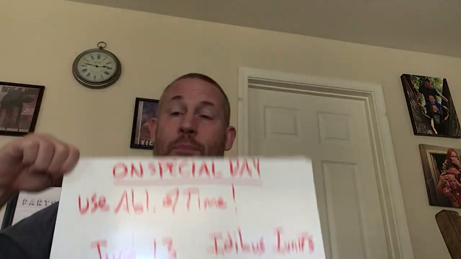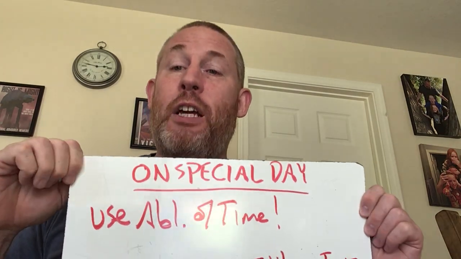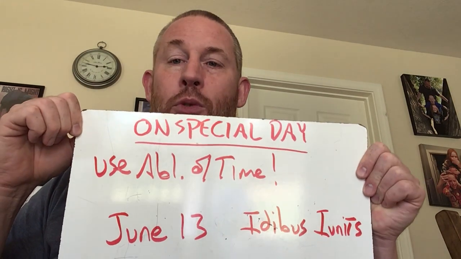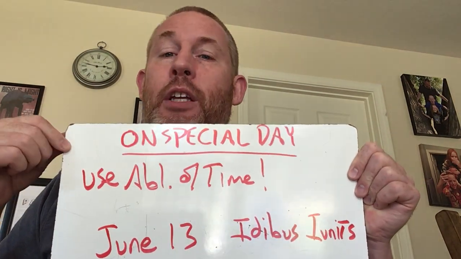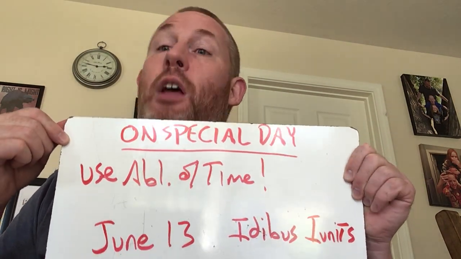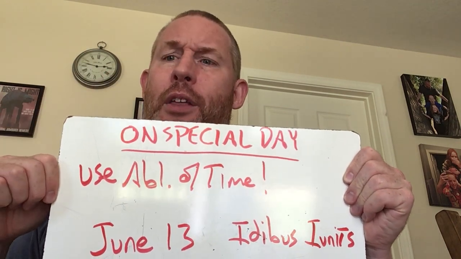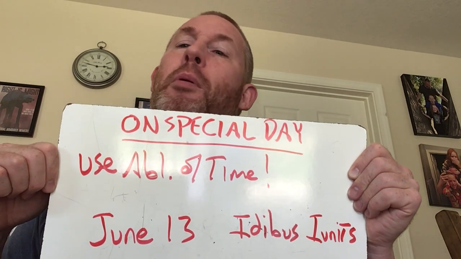So, how do we measure the days? Very simple. Let's say that you have something happen on the special day. You use the ablative of time. Very, very easy. June 13th is the Ides of June, Idibus Iuniis. So all your months are adjectival. Think of a cold November morning.